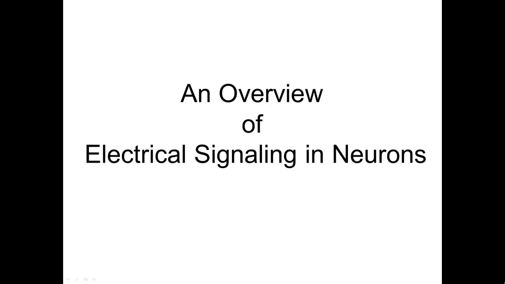In this lecture, we are going to give a very brief overview of electrical signaling in neurons. We've already talked about the fact that all living cells have membrane potentials, and that just means that the inside of the membrane is going to be negative relative to the outside of the membrane.